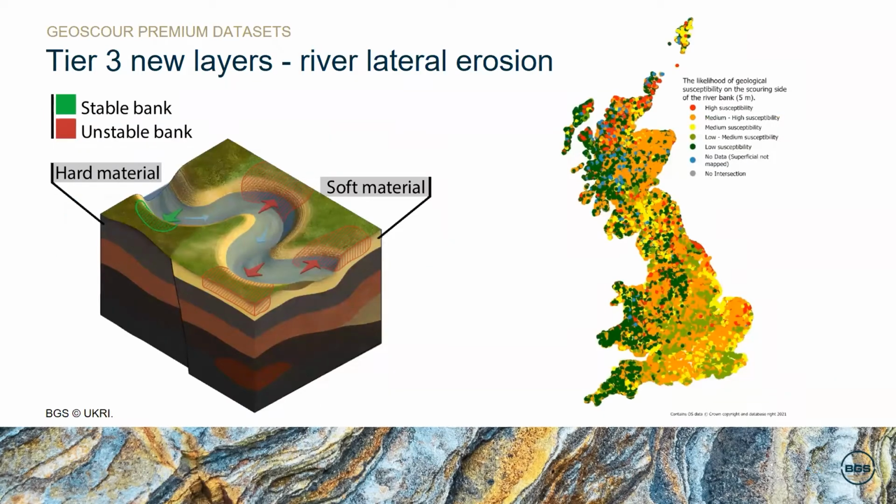Finally, the river lateral erosion layer provides an assessment of any lateral change in susceptibility to scour, which is calculated on the scouring bank of a river course in the direction of river flow. As you can see from the schematic on the slide, the scouring bank is on the outside of a river bend, and where this changes from a hard resistant lithology, represented by the dark grey band on the diagram, to a softer lithology, represented by the yellow band, the stability of the scouring bank is reduced and susceptibility to lateral scour increases.